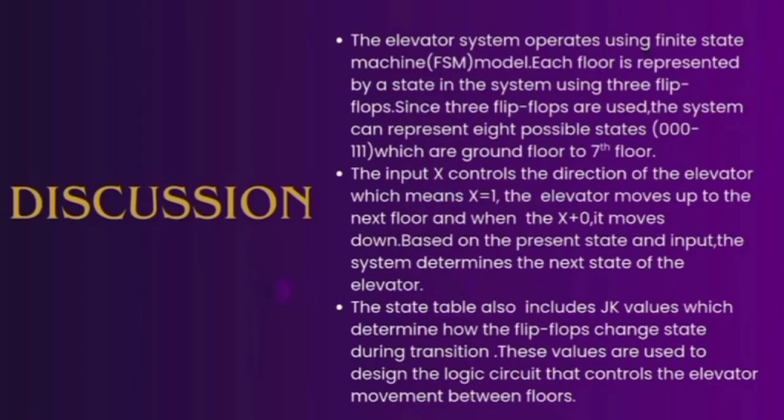When X equals 0, it moves down. Based on the present state and input, the system determines the next state of the elevator. The state table also includes J-K values which determine how the flip-flops change state during transition. These values are used to design the logic circuit that controls the elevator movement between the floors.